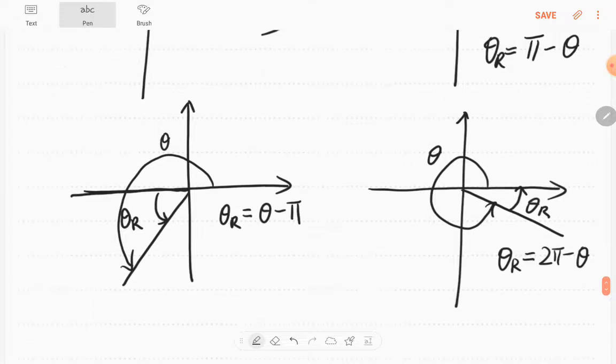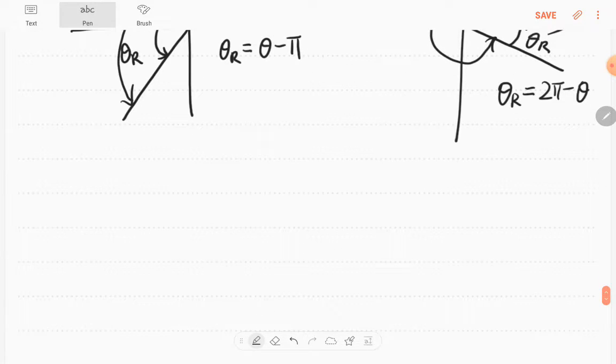Okay, so now let's look at this one. If our theta is negative 41 pi over 6, so this is a very large angle, right? Very complicated. We have several revolutions.